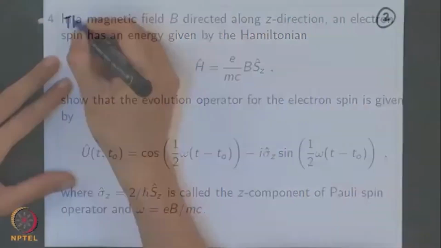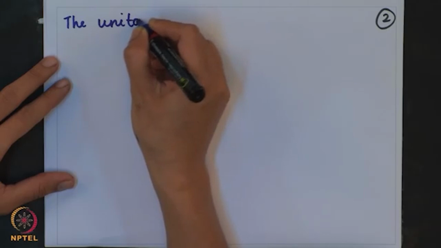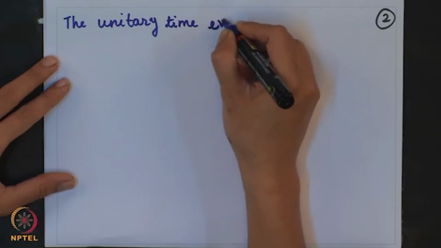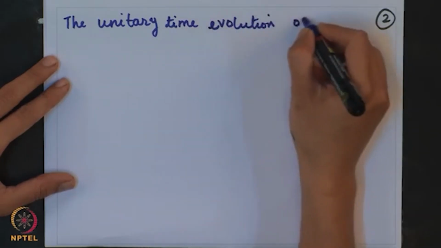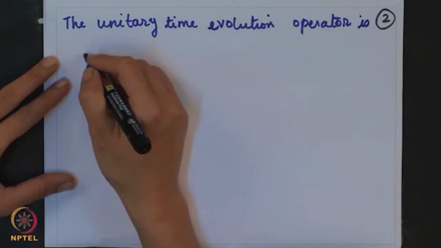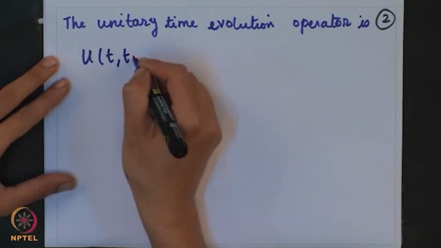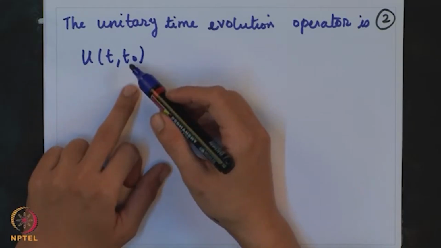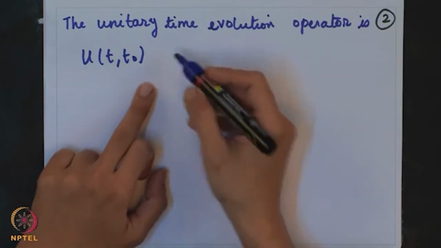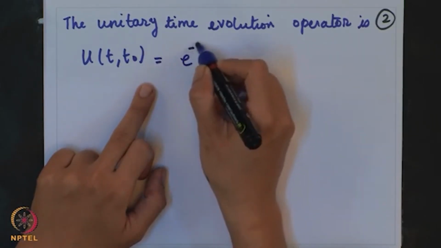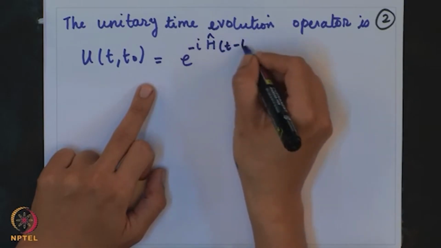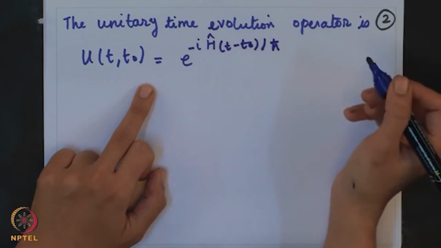So, the unitary time evolution operator, I will write it as U(t, t naught). The evolution in time from t equal to t naught to some time t is written as e raised to minus i H, the Hamiltonian operator, times (t minus t naught) upon h cross.